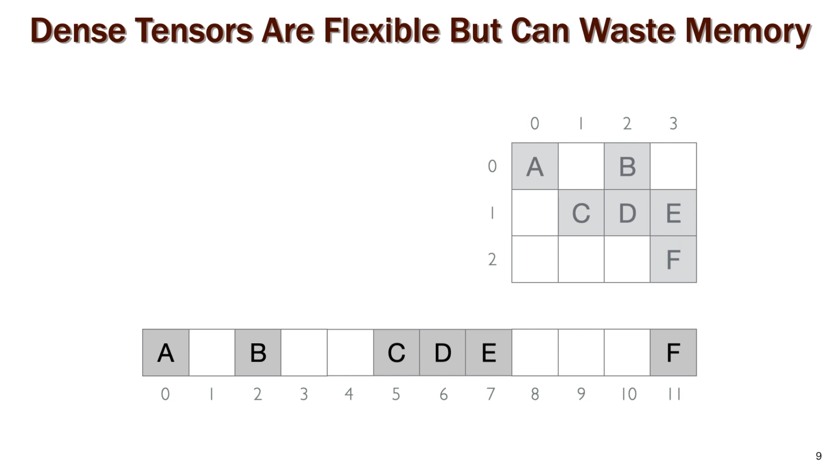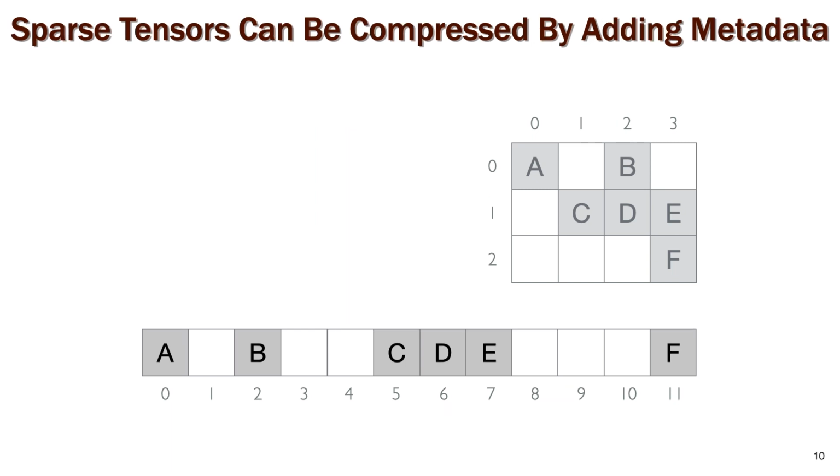If you represent it in the normal dense way, this is your representation. It's a very nice representation, and if you want to get to some location, say 1, 2, you basically calculate 1, 2 using the access function, and you can immediately access that location. That's very easy. But there's a problem here. There's a lot of wasted space. All these empty spaces still have a memory location, and I showed before, this can be extremely expensive.